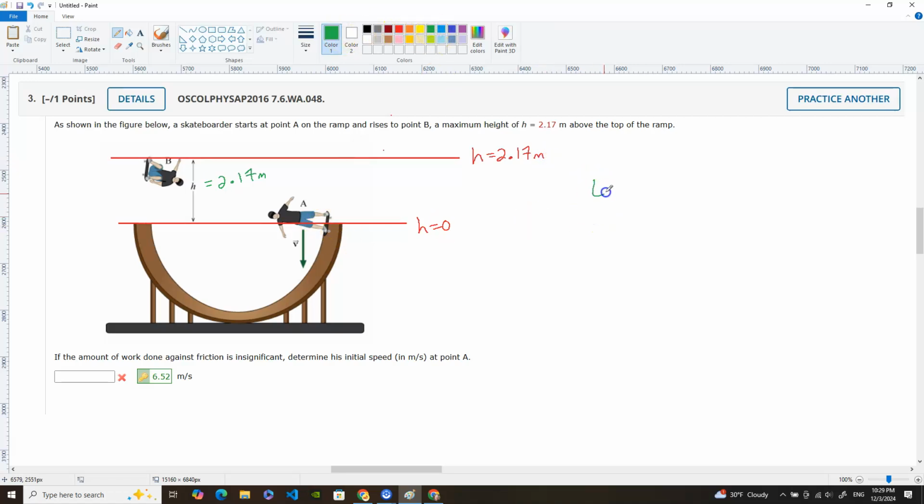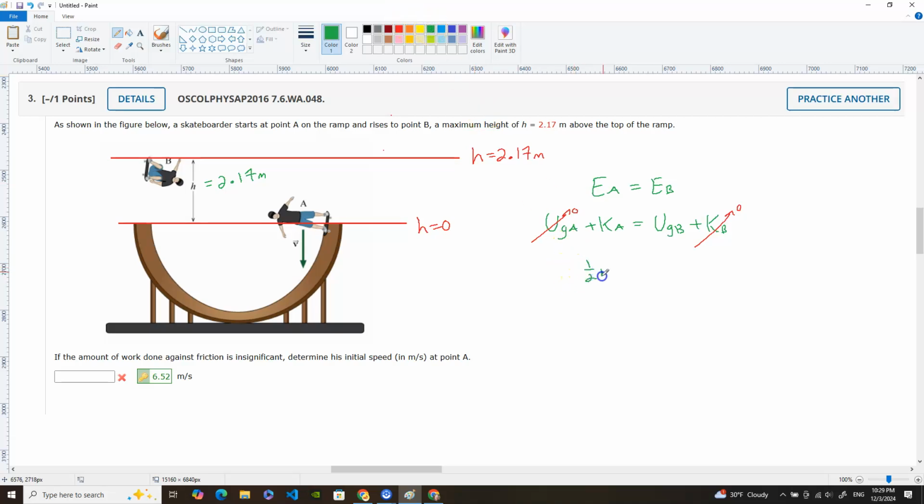So I'm going to once again relate energy at A to energy at B: potential of A, kinetic of A, potential of B, kinetic of B. Just like I said, the height of A is 0, so there is no potential at A. Kinetic at B, that's the highest point, so at the highest point the velocity is 0.